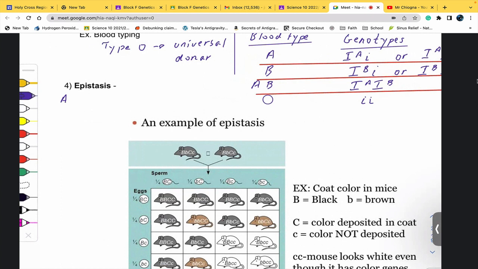It's a gene at one location, okay, when a gene at one location affects the expression of a gene at another.